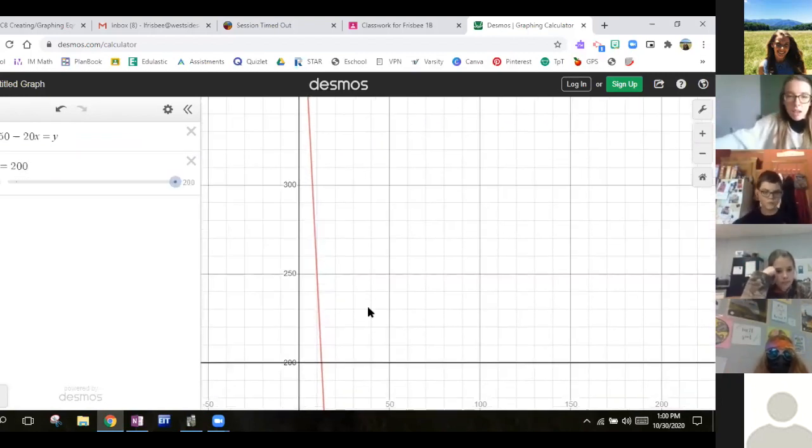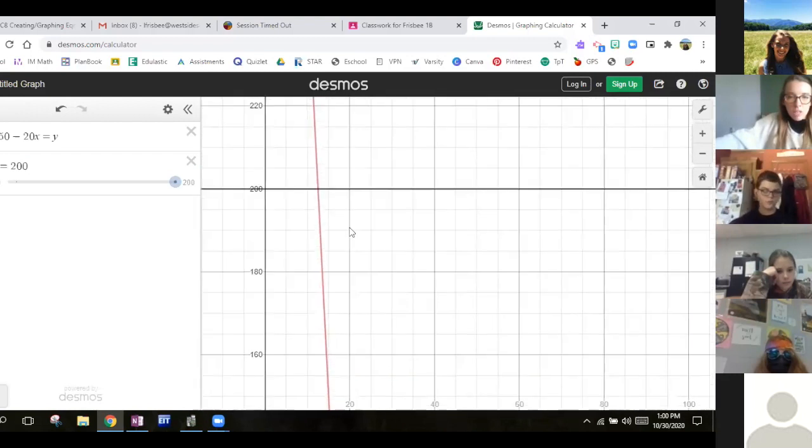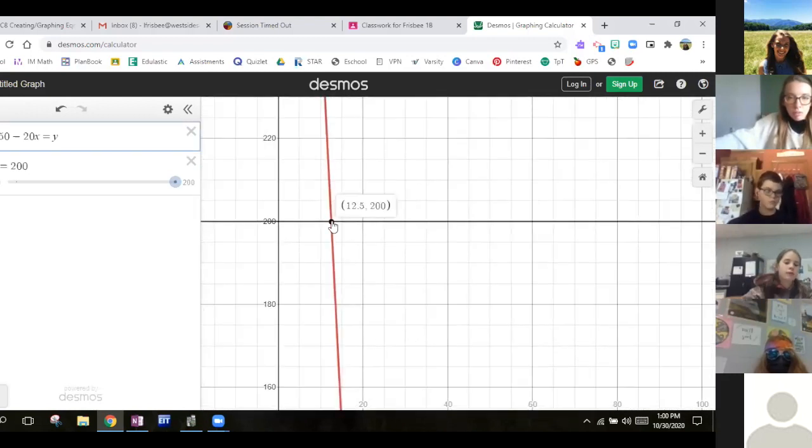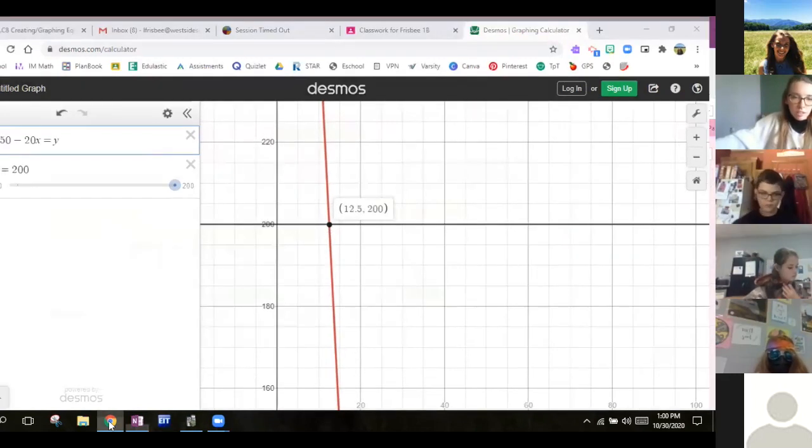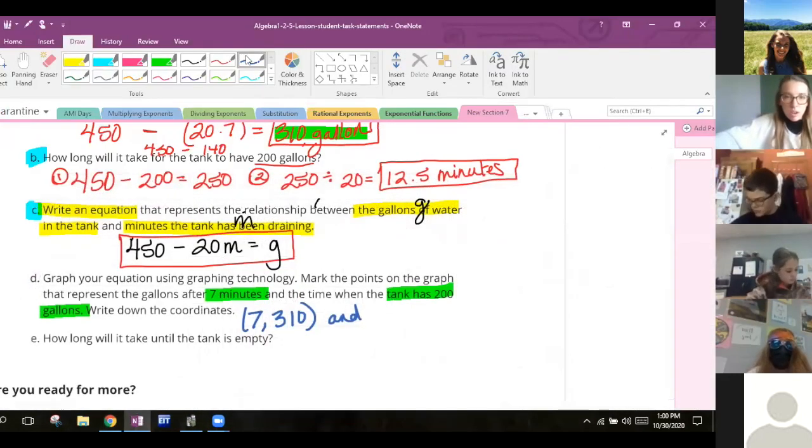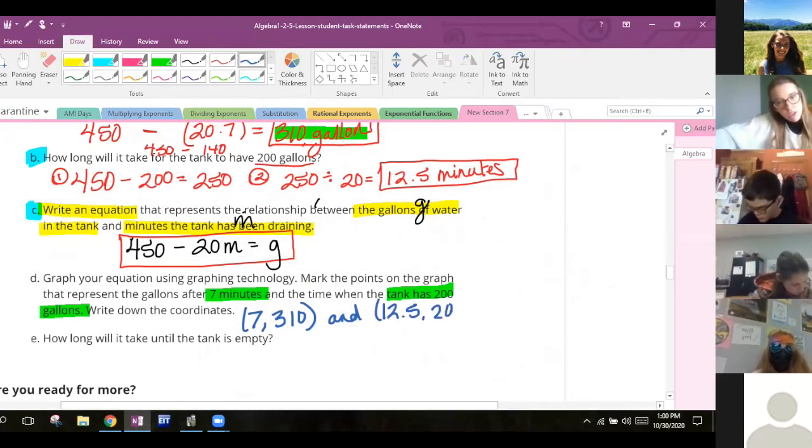Now it gives me that horizontal line, and once again I want to see where it crosses through and how many minutes had passed. 12 and a half. Good. So once again, we had 12 and a half minutes and 200 gallons, which is what we said earlier.